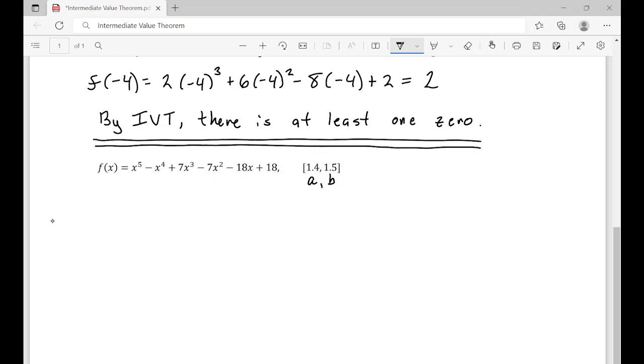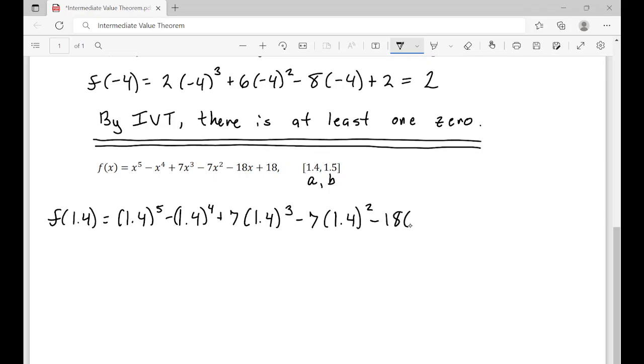So we're going to do f of 1.4, and that's going to be 1.4 to the fifth minus 1.4 to the fourth plus 7 times 1.4 cubed minus 7 times 1.4 squared minus 18 times 1.4 plus 18. And you work all that out, you're going to end up getting -0.1754.